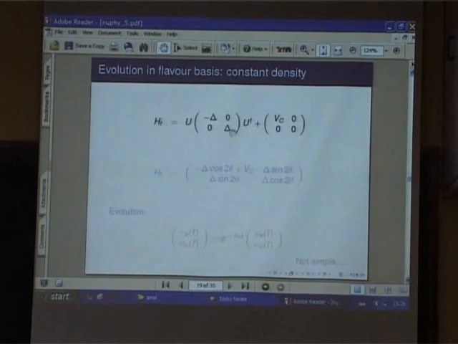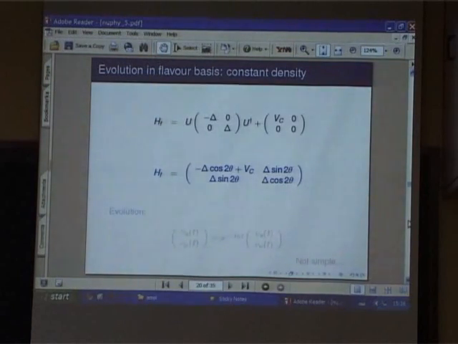So I can calculate this. This is delta. I know how to write U and U dagger in terms of cosine theta, sin theta, and so on. So you can multiply these matrices. If you multiply them, what you get looks like this. And it's reasonably messy, although not very messy. It's messy enough that you do not want to exponentiate it by using a power series.